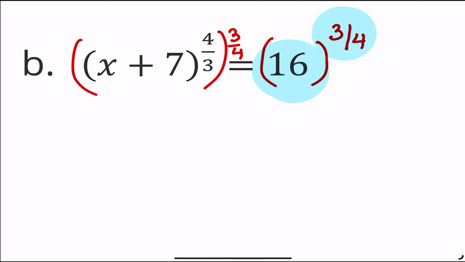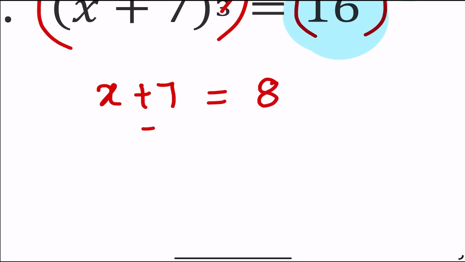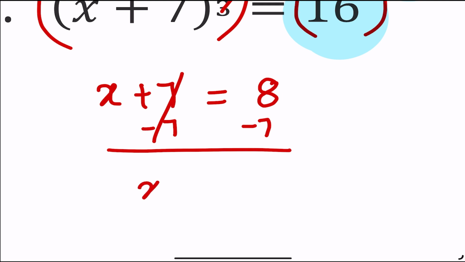The 3 cancels, the 4 cancels, so this is going to be x plus 7. 16 raised to the power 3/4 gives you 8, because the fourth root of 16 is 2, and 2 cubed is 8. Subtract 7 on both sides, and you end up with x equal to 1.